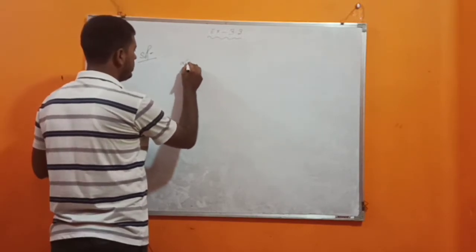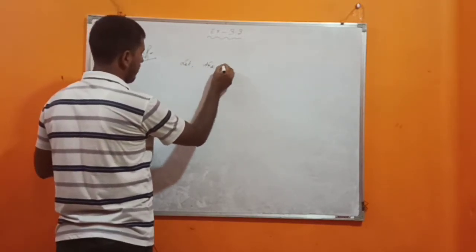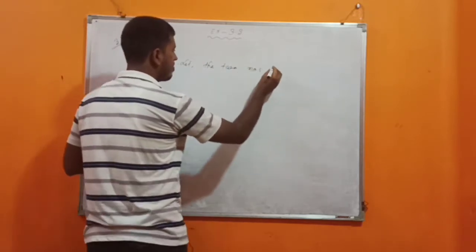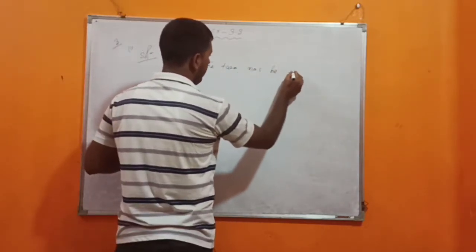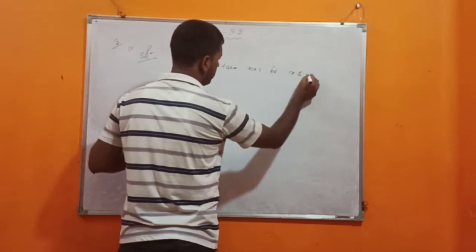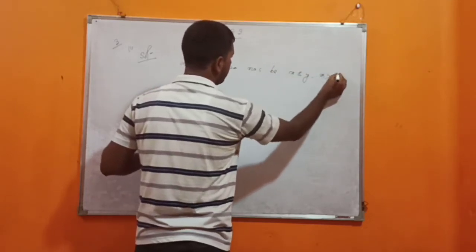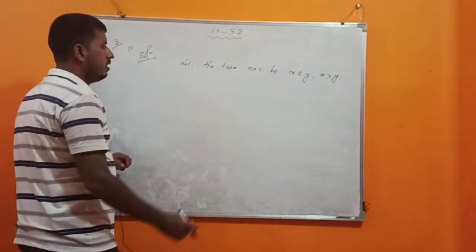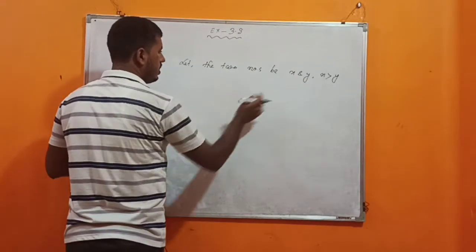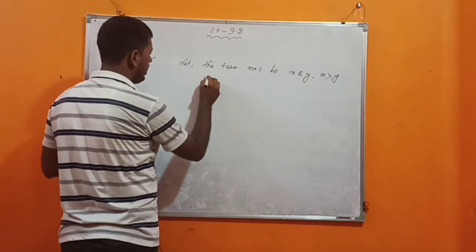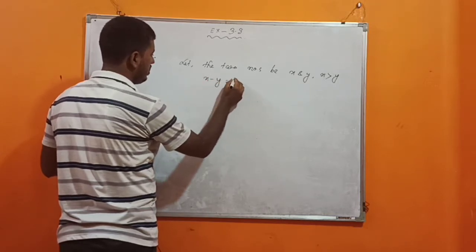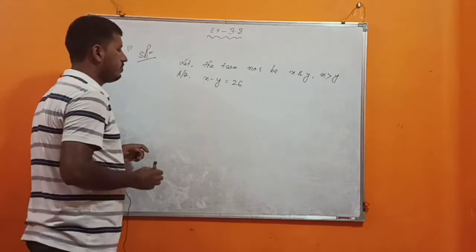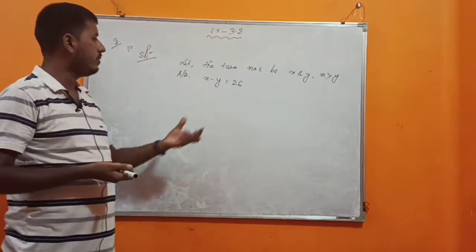Okay, so now I am taking the two numbers. Let the two numbers be x and y, comma x greater than y. Okay, so it is given in the question that the difference between these two numbers is 26, that is x minus y equal to 26, according to the question. Why have I taken this?